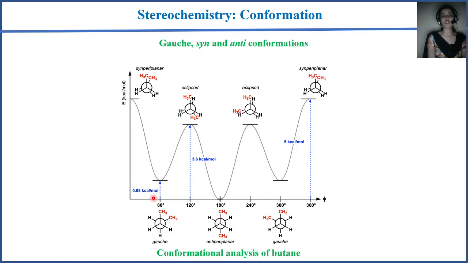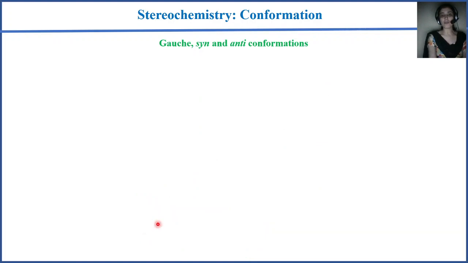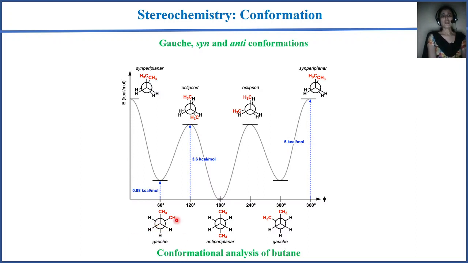This is the gauche conformation, and the energy difference between these two is known as gauche-butane interaction. This we will learn later on, and this is known as the anti-periplanar staggered conformation, and both of them are gauche and they are staggered.